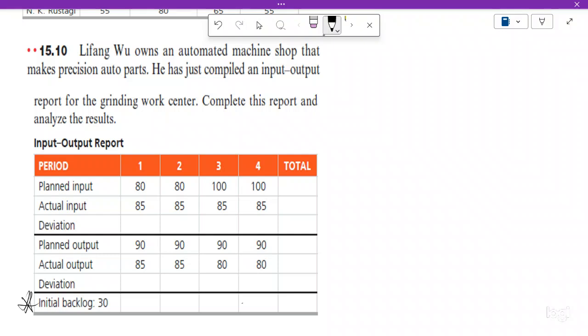How much is it? 5. This is a deviation. We're not doing the accumulative yet. And then that minus that. No, it's 5 again. We're not doing the deviation, we're not doing the accumulation. Then 85 minus 100, negative.